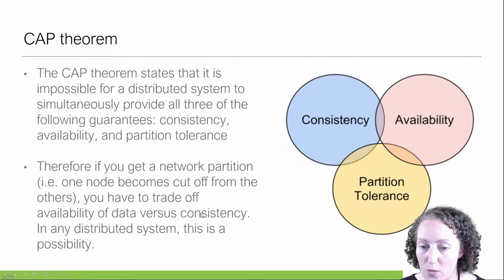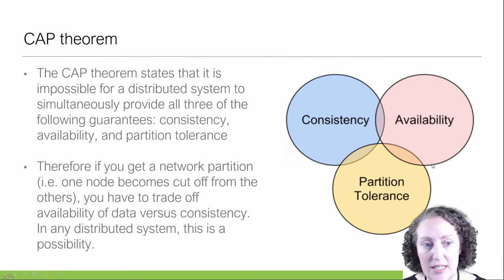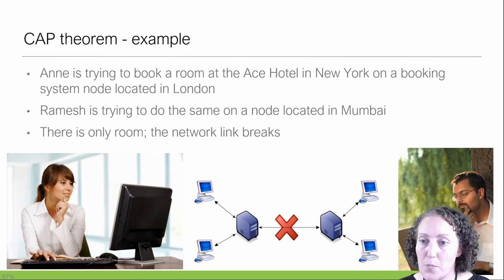Partition tolerance means, if a network link goes down between two sites, does the system overall tolerate that? And the idea here is that if you're tolerant of partitions, then you can only provide consistency or availability, but not both. And we'll look at a few examples now of what that actually means in practice.